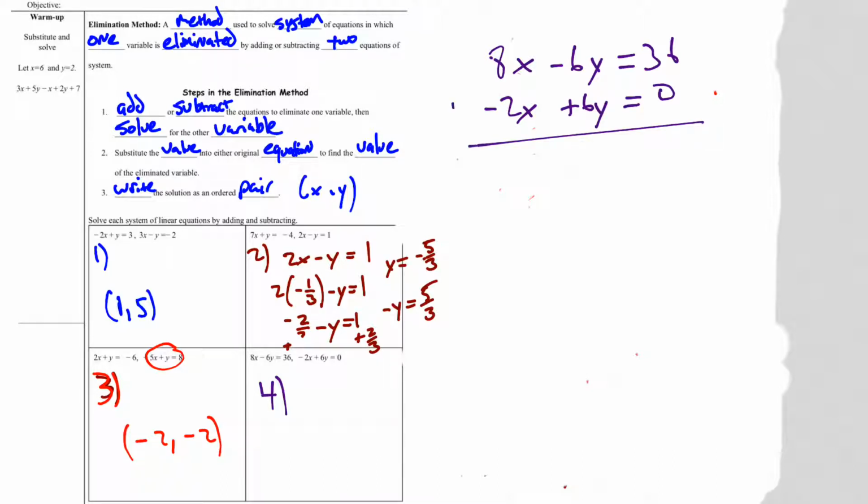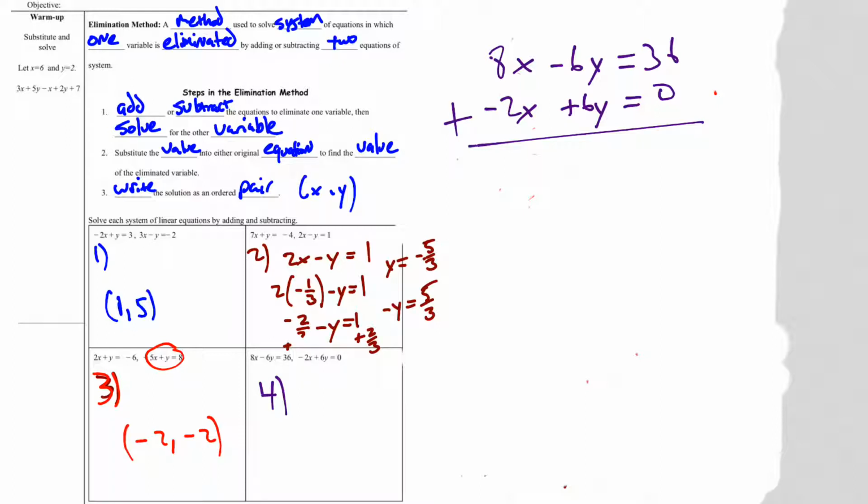And let's try number 4. So example 4, right here. If I have 8x minus 6y is equal to 36, and then I have negative 2x plus 6y is equal to 0, hopefully you can see the same thing.